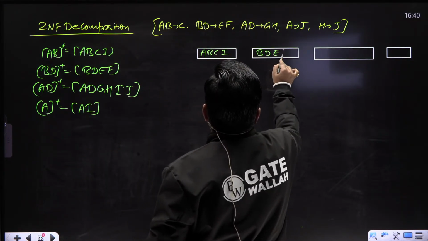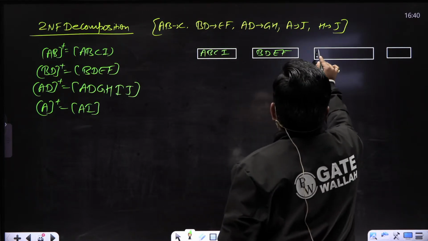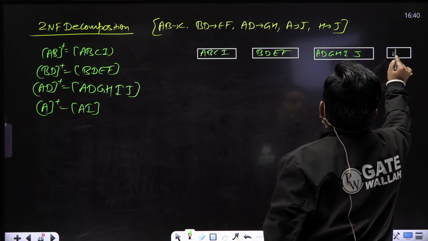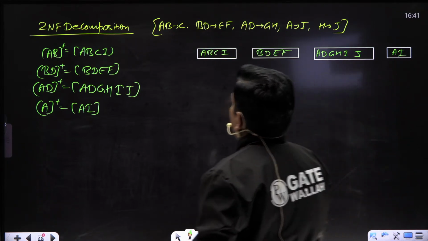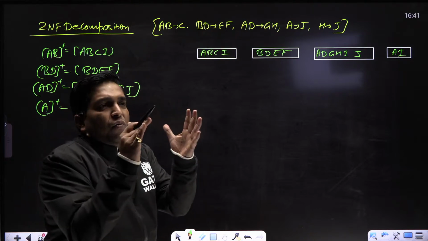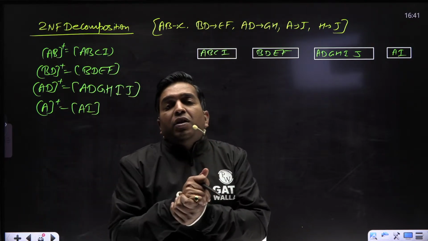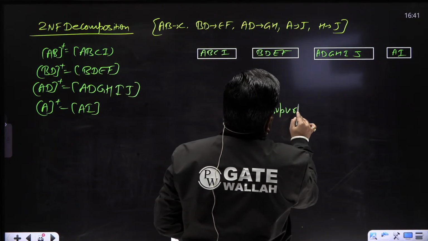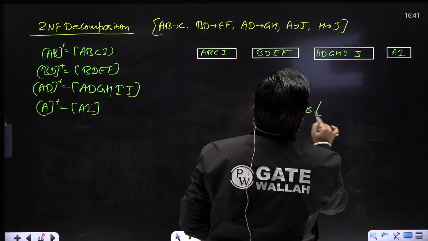B, D, E, F, A, D, G, H, I, J, A, I. First of all, you can see here that when you try to join, it will be lossy. You will get spurious tuples. Spurious tuple means extra tuple.